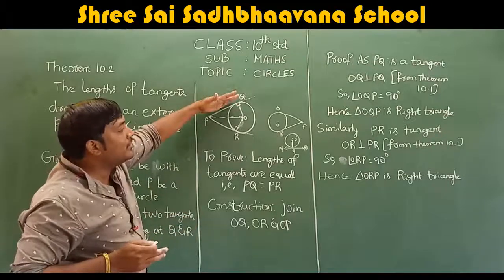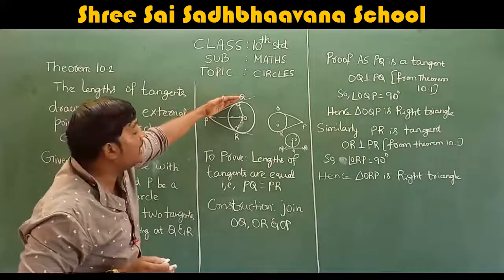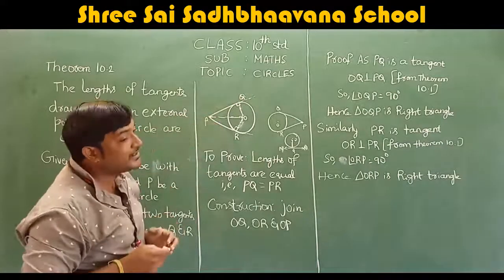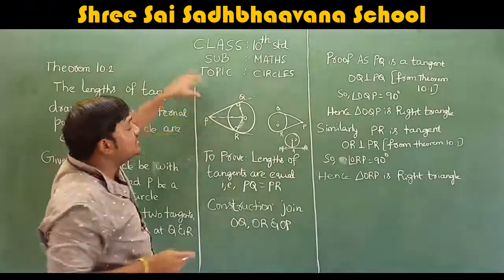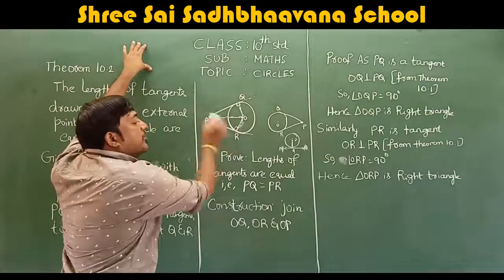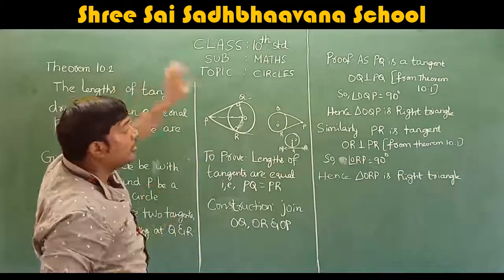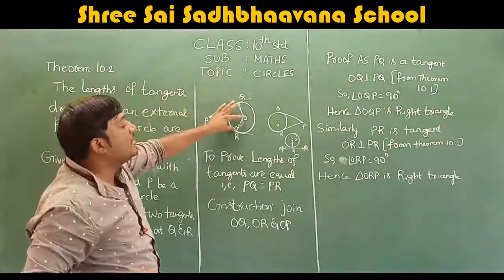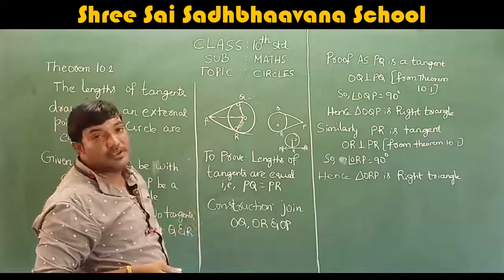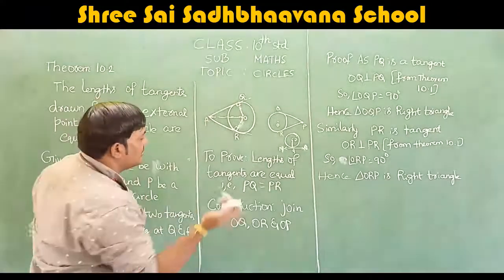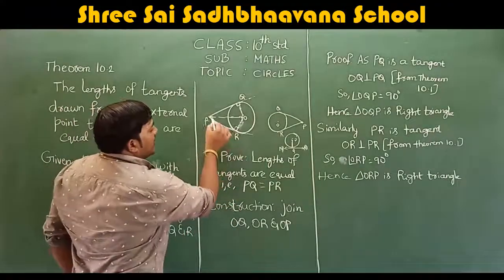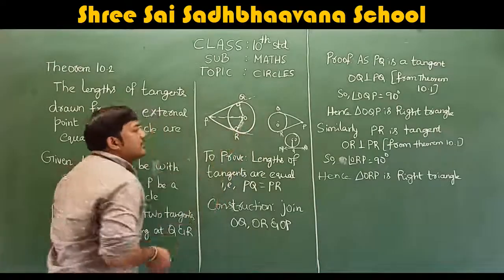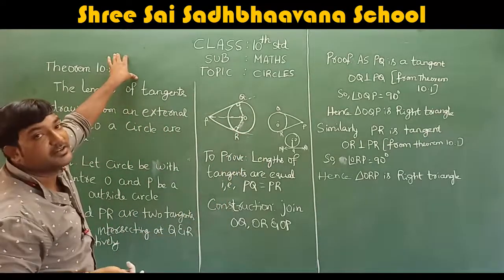Similarly, PQ is a tangent and also PR is a tangent. In the same way, if PR is a tangent, then OR is perpendicular to PR from theorem 10.1. How OQ is perpendicular to PQ, similarly OR is perpendicular to PR. Because from theorem 10.1, whenever you draw a tangent on a circle, the radius of the circle is always perpendicular to the tangent.